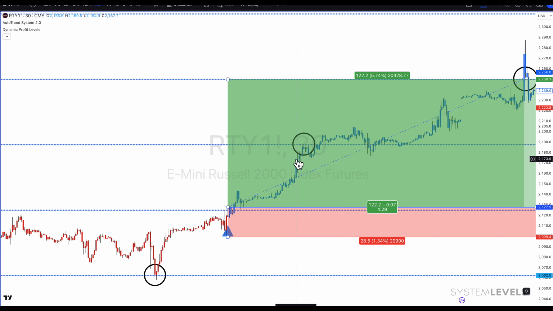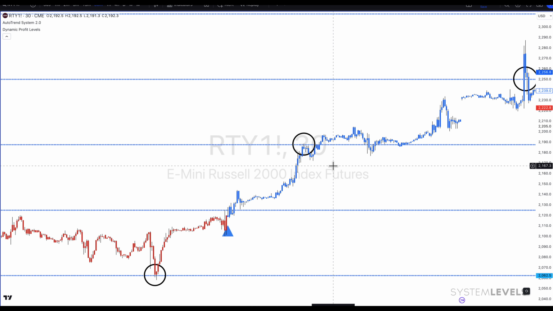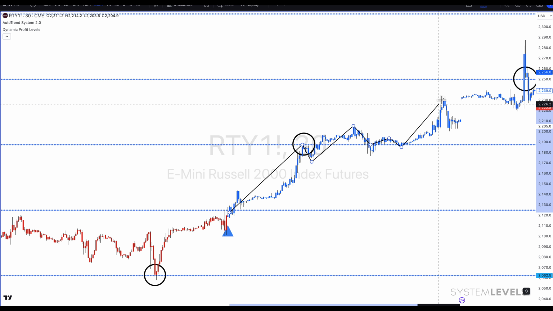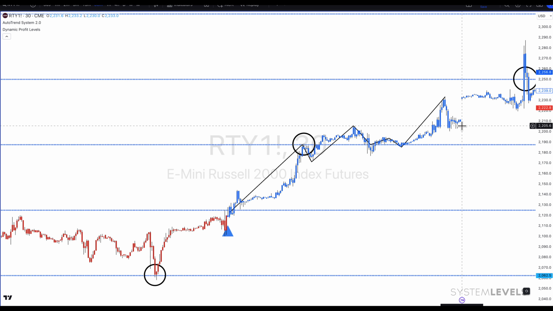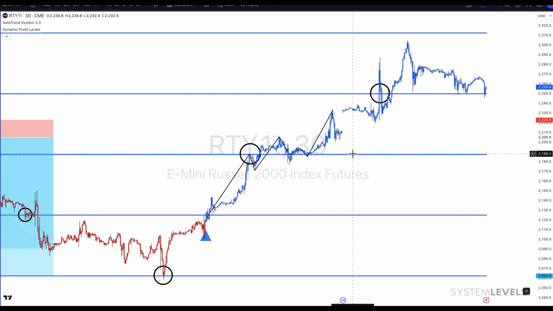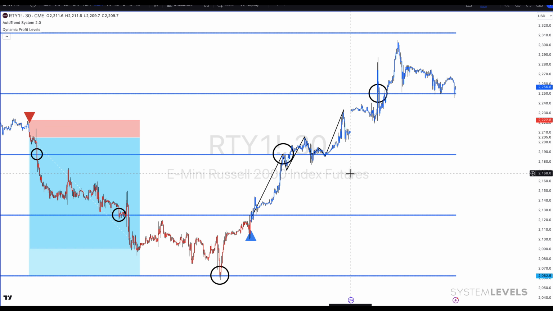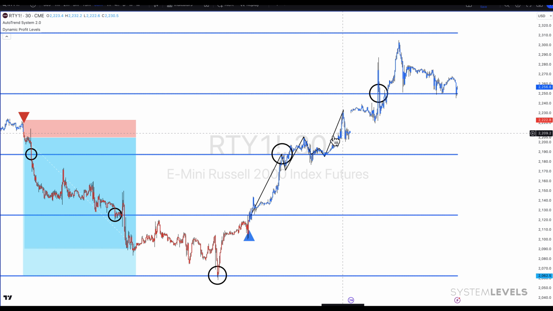You can see it also here. Let me just remove this. You can see it here, how price moved up, bounced, moved above it, bounced from the upside, and again here, right? So these DPLs, I'm not using them for no reason. I use them because I know that they have the power to change the direction of the price.